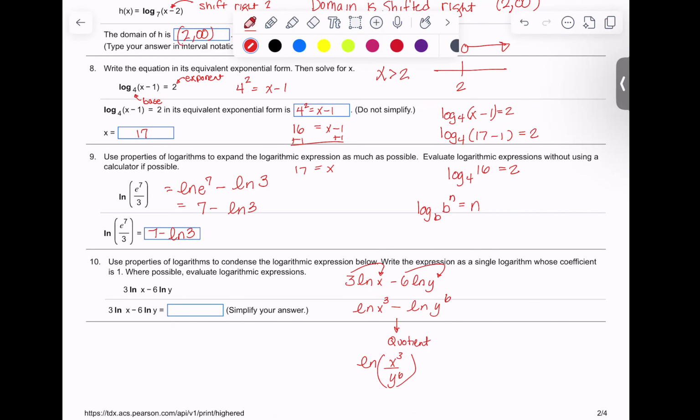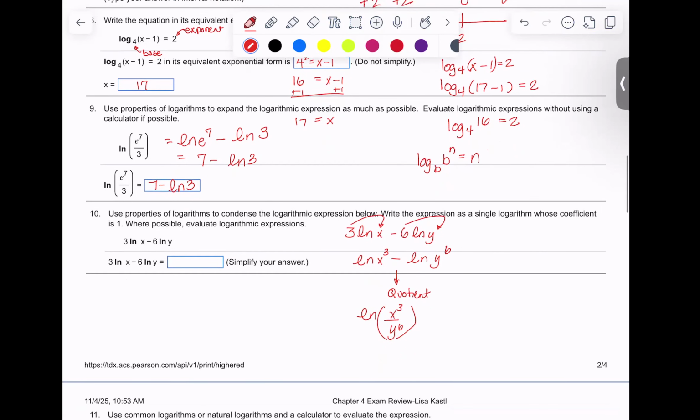So it's the natural log of x to the third over y to the 6th. And I used parentheses. I don't know that my lab math cares, but I did use parentheses when I inputted my answer.